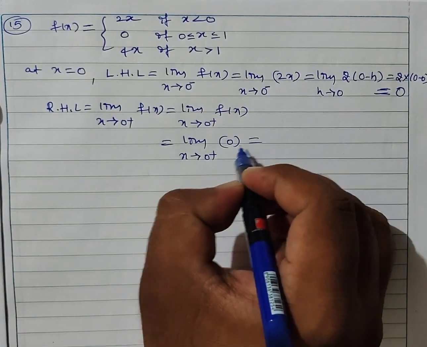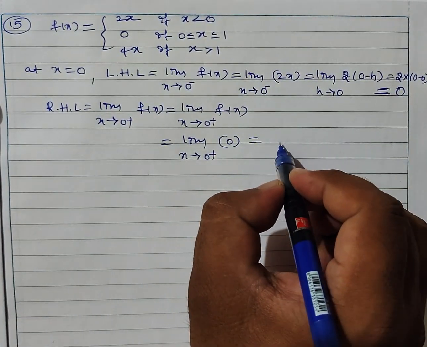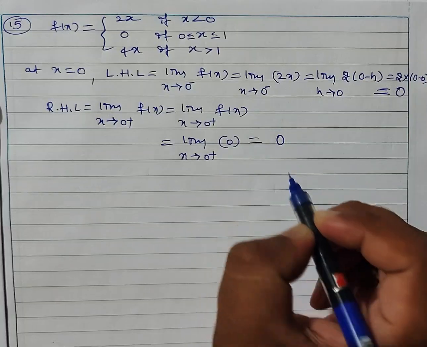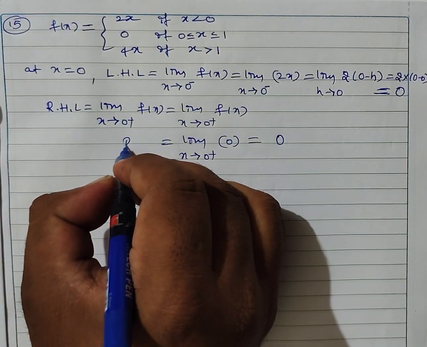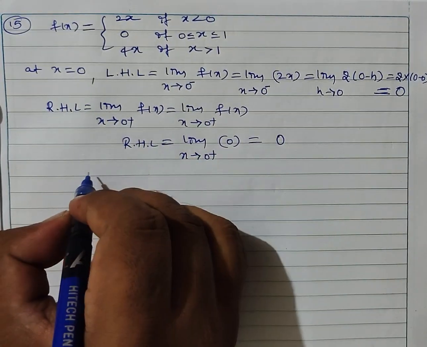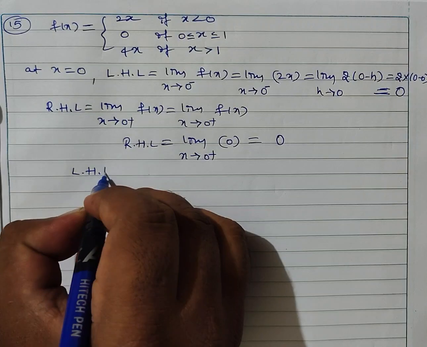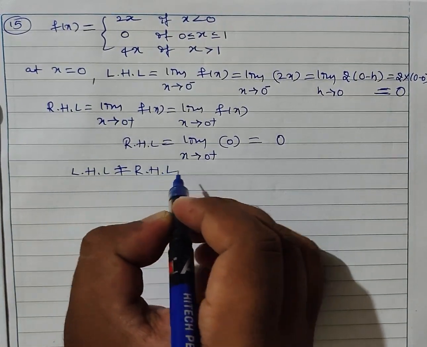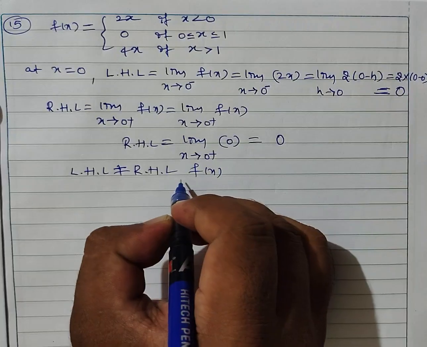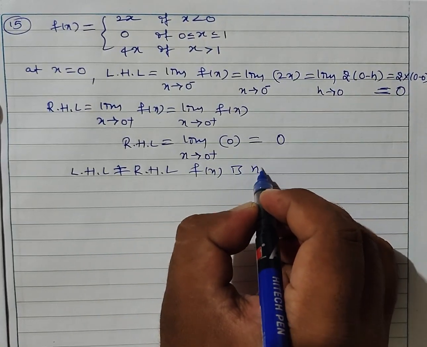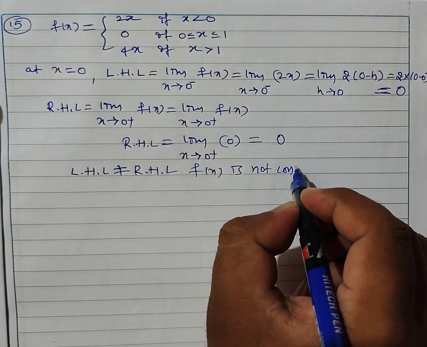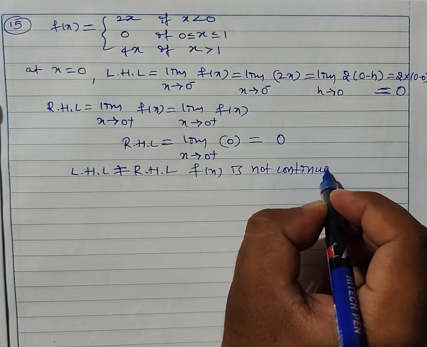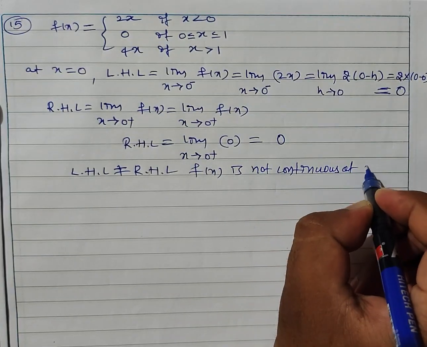Okay. 0 is a constant. Limit of the constant is constant. That means 0. Right hand limit is 0. So here left hand limit is not equal to right hand limit. Then f of x is not continuous at x is equal to 0.